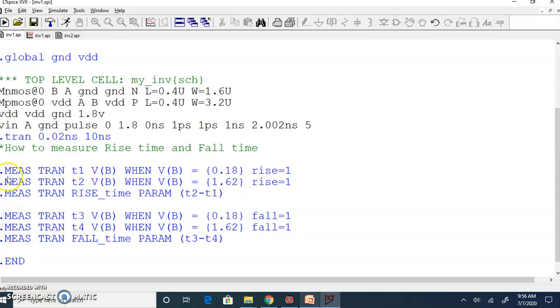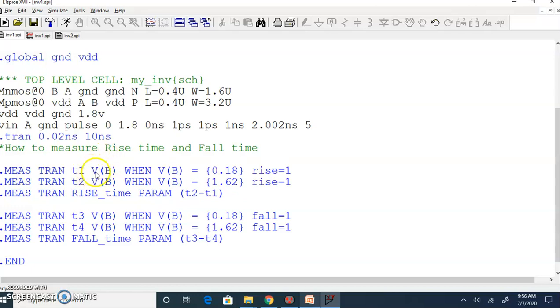My script will start with .meas, that is dot measure. In my transient analysis, first of all, I'll measure T1 on VB. VB over here is my output, because in my inverter notation, I have taken A as my input and B as my output.